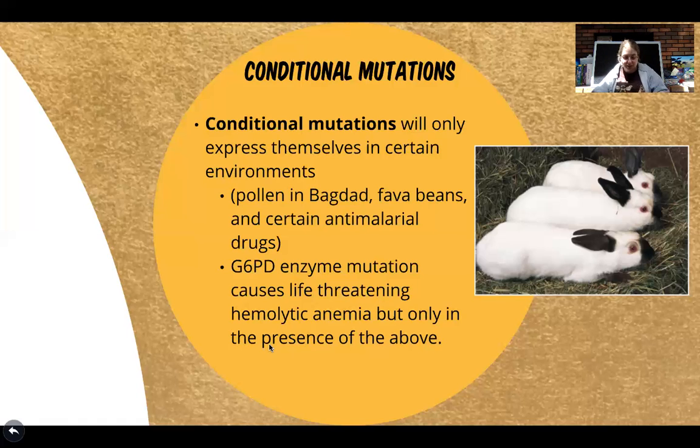Now, here's how that works. There's a particular protein, a pigment created by the body, that gives those areas the darker coloration. However, it's also affected by the environmental conditions the bunnies are born into.